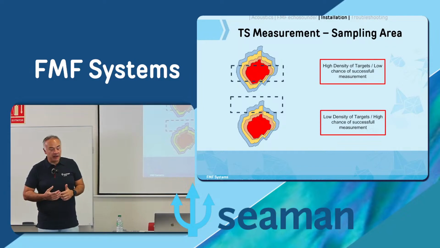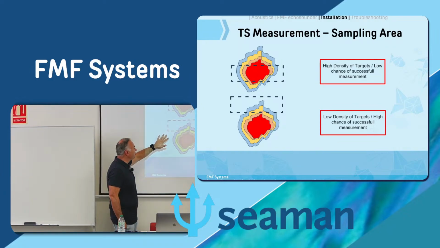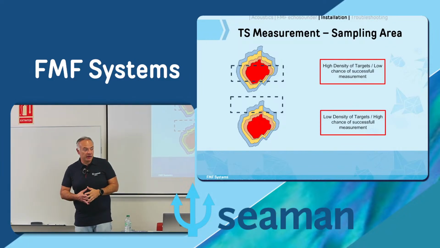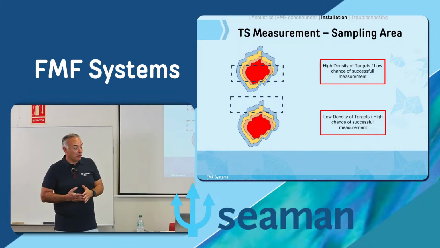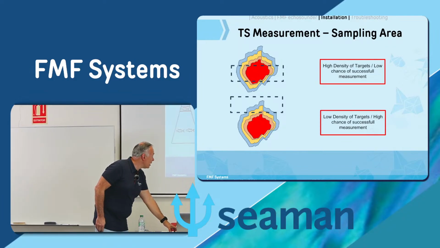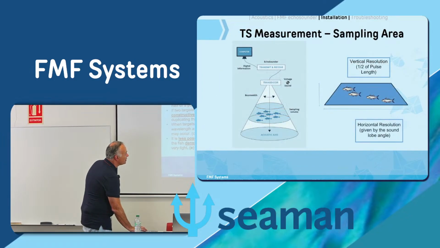So sometimes it's advisable to move the selection area all around the target, not go to the center. If you go to the center, you can have this kind of targets.